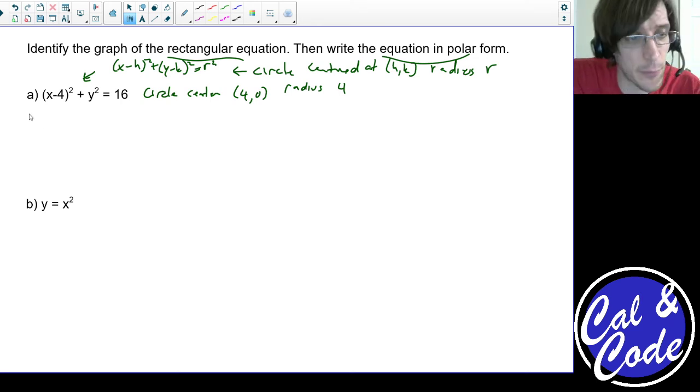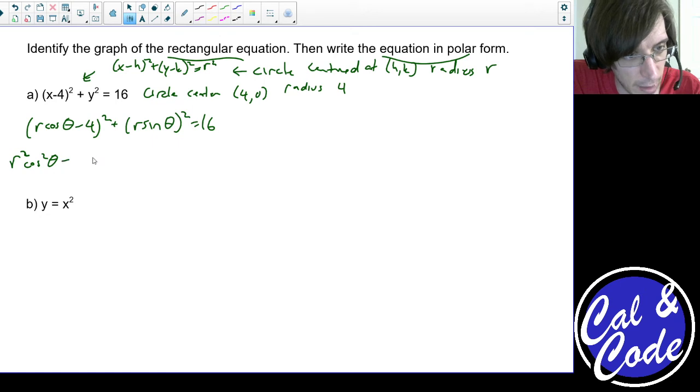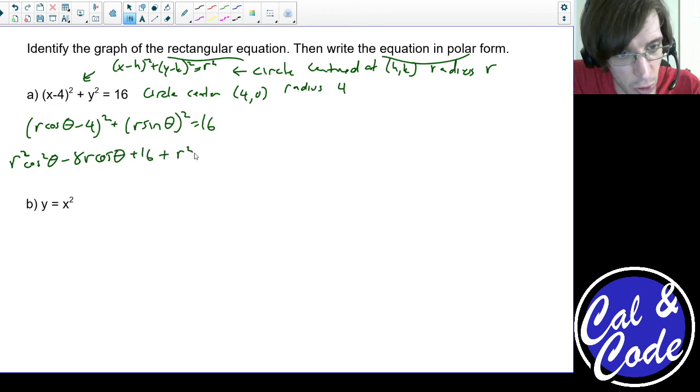To get rid of the x, I'm going to replace x with r cosine theta. To get rid of the y's, I'm going to replace it with r sine theta. This gives me, when I square this out, r squared cosine squared theta minus 8r cosine theta plus 16 plus r squared sine squared theta, when I square out the second term, is equal to 16.